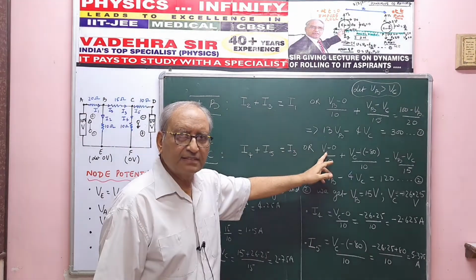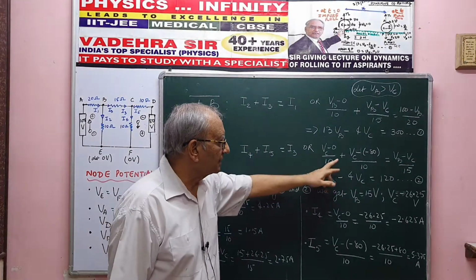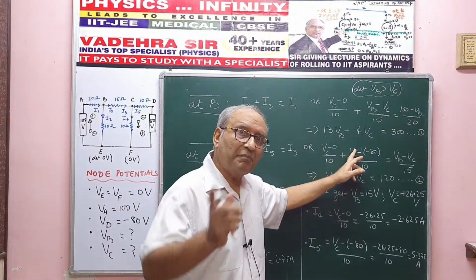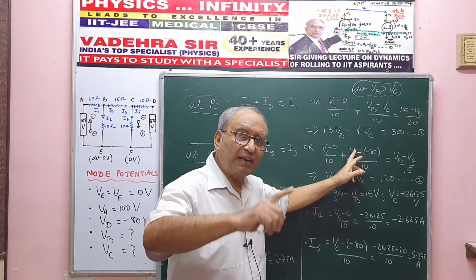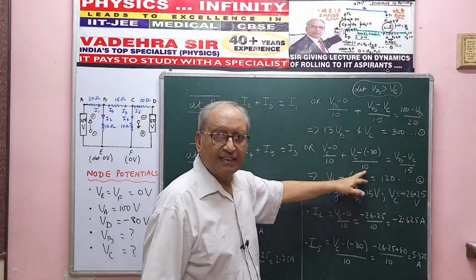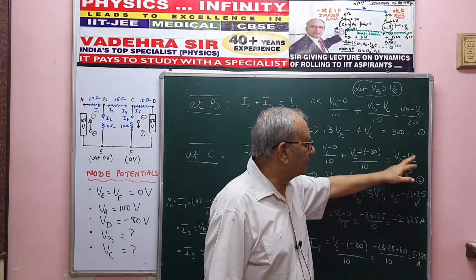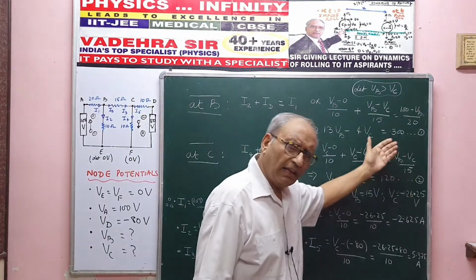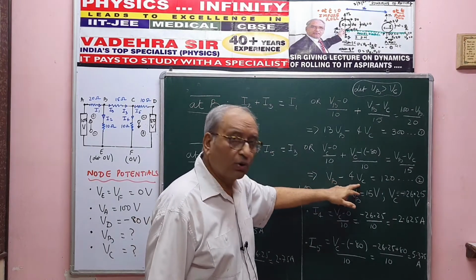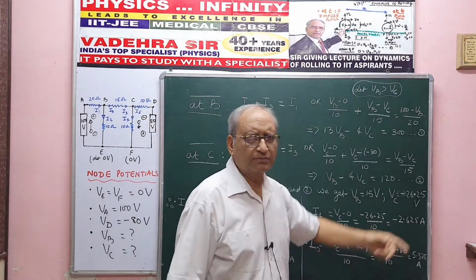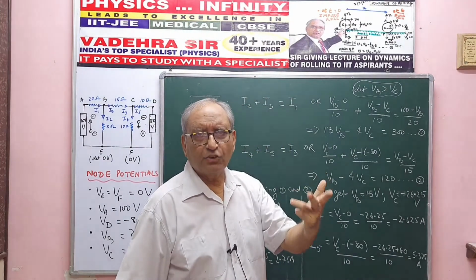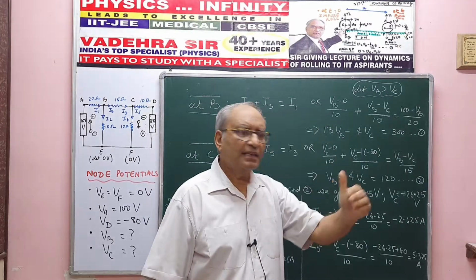(VC minus 0) upon resistance 10, plus, what is I5? VC minus minus 80, which becomes VC plus 80, divided by 10, is equal to (VB minus VC) upon 15. Adjust, and I get the second equation: VB minus 4 VC equal to 120. Two equations, two variables, easy job. I find the values of VB and VC.